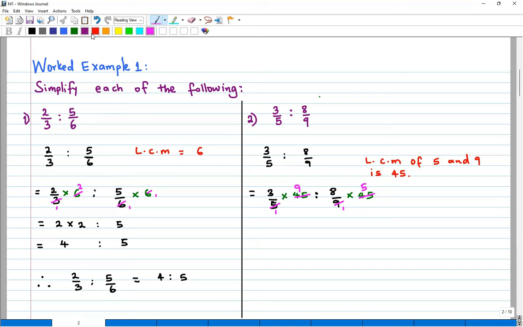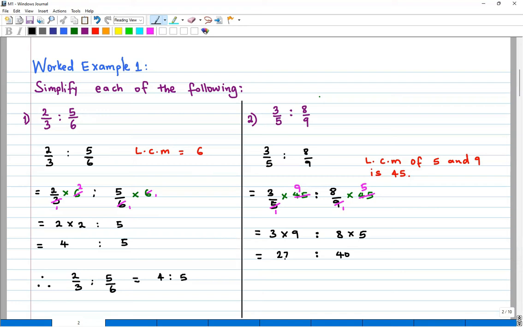Now, we are going to remain with 3 times 9 to 8 times 5. So that 3 times 9 will give us 27, and 8 times 5 will give us 40. Now, we have the ratio that is 27 to 40.